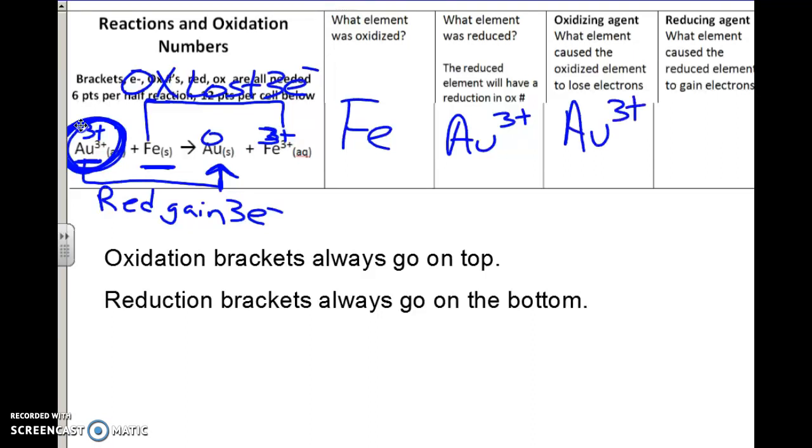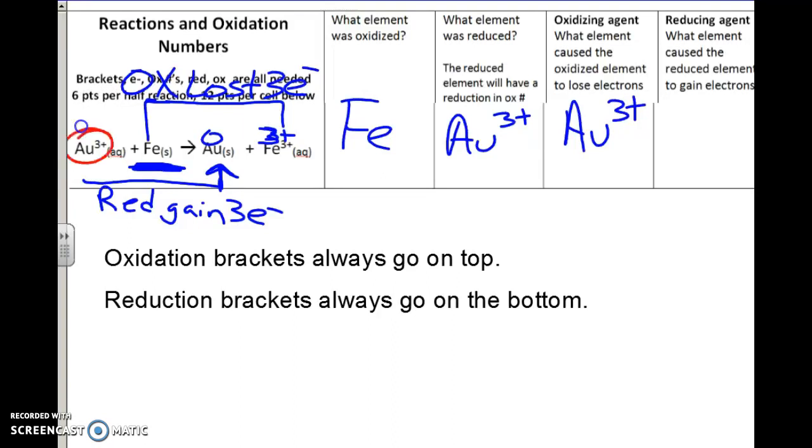So let me go through that again. Au3 positive wants to gain electrons. It's gaining those electrons from this iron. So that Au3 positive caused this to lose electrons. So therefore, Au3 positive is the oxidizing agent. Let's go through this the other way.